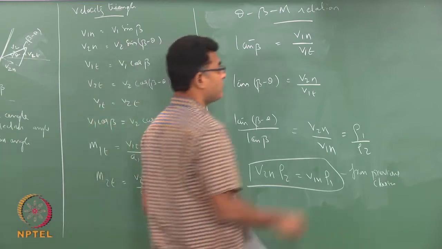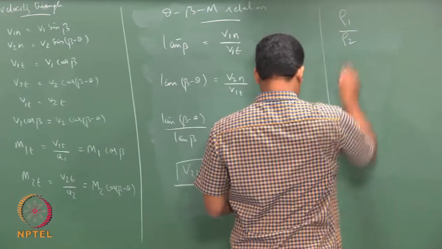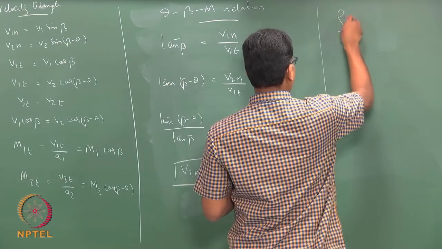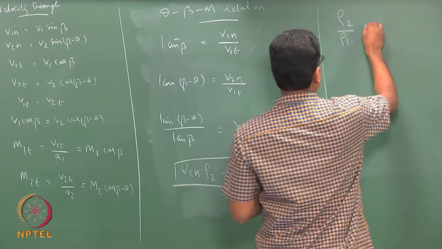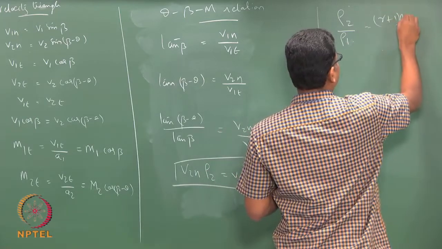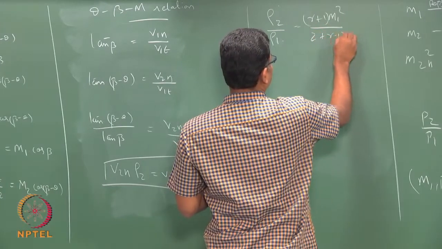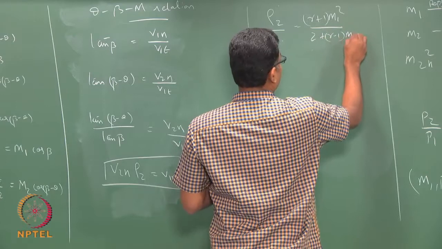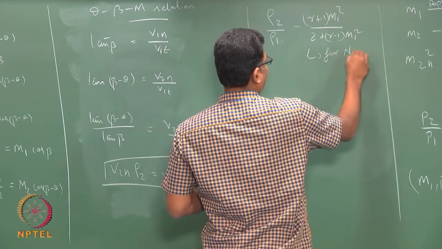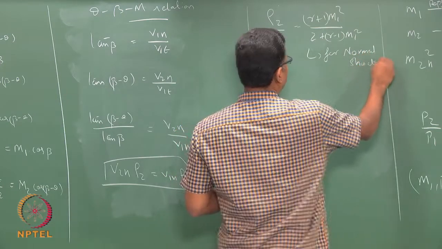So, rho 2 by rho 1 across the normal shock is gamma plus 1 m1 square divided by 2 plus gamma minus 1 m1 square, for normal shock. Okay.